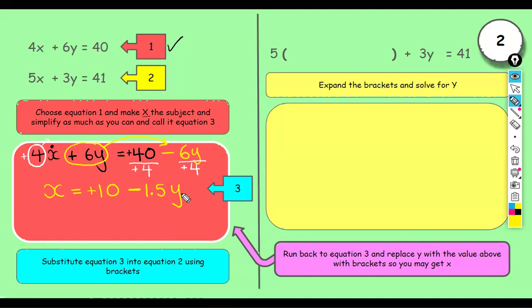Great. Now, let me explain what this statement means, right? You know what an equal sign means? This means x has the same exact value as 10 minus 1.5y. Let me put that in perspective for you.